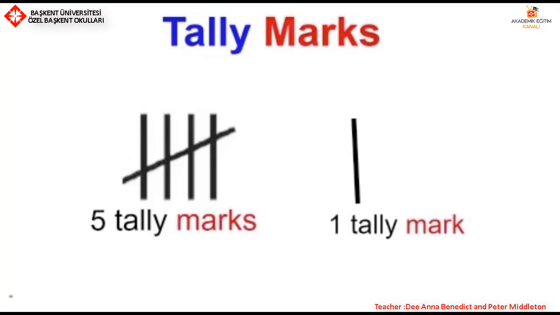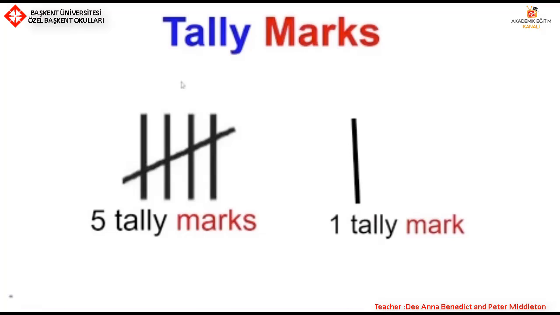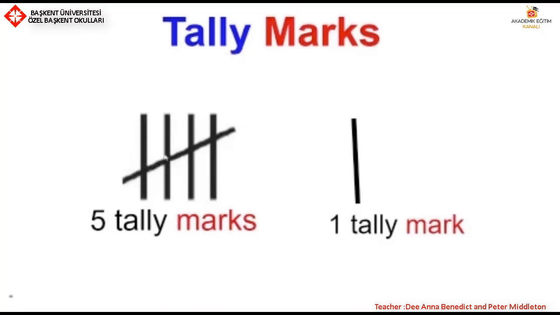When we make a tally chart, we will use tally marks. This is 1 tally mark. These are 5 tally marks. We write 5 tally marks, 1, 2, 3, 4, and this is 5.